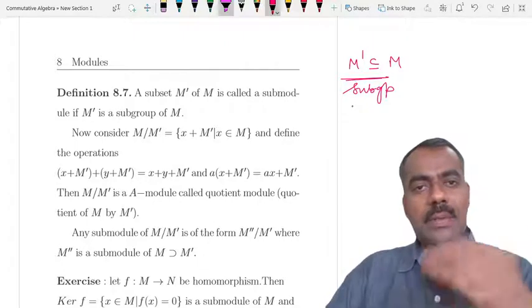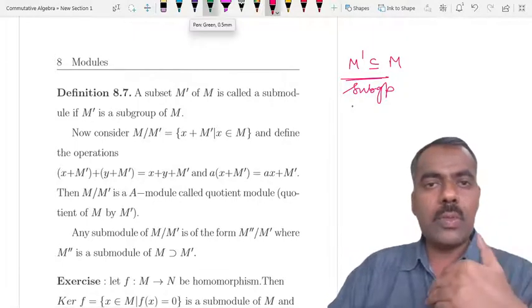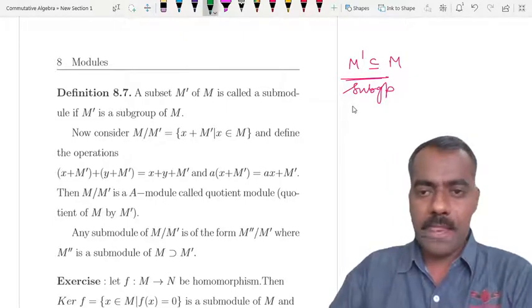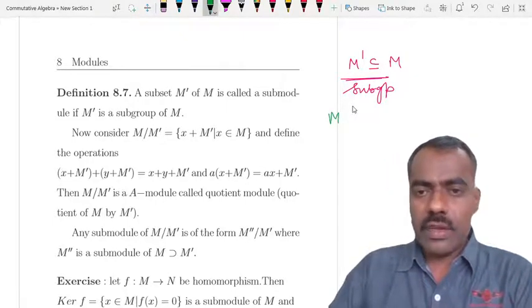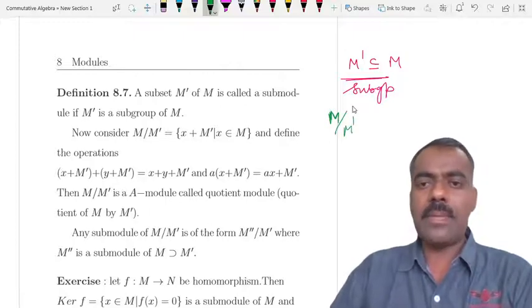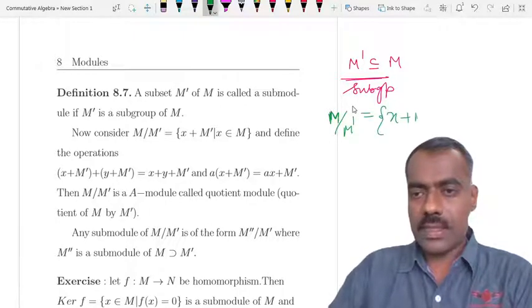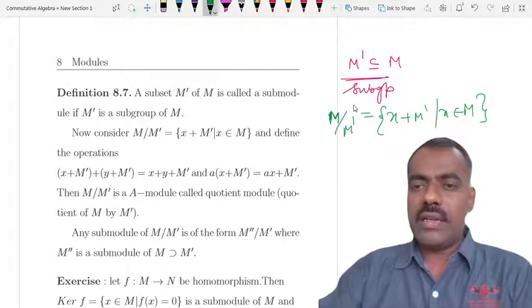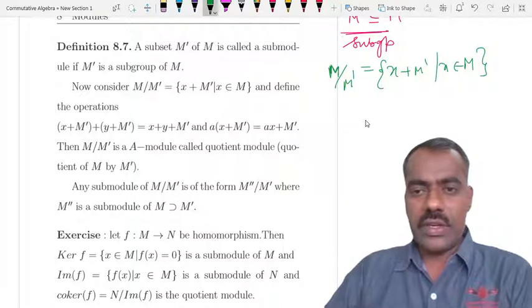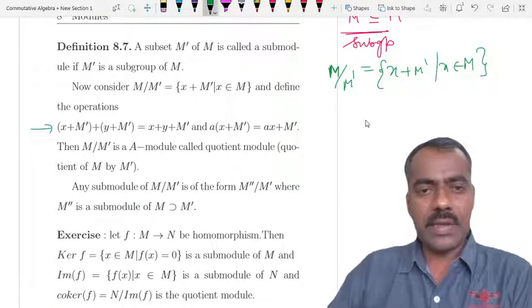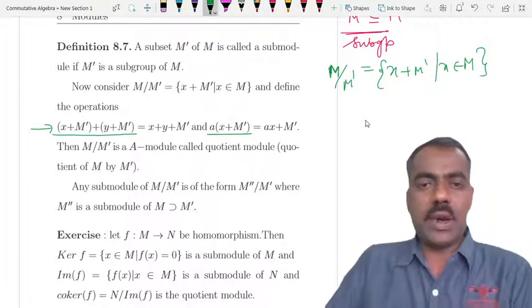So M is an abelian group, and any subgroup of M we will call a submodule of M. And if you have a subgroup, then you can talk about M modulo M', consisting of cosets x plus M'. For this we can define two operations, which are not difficult, just like coset operations.